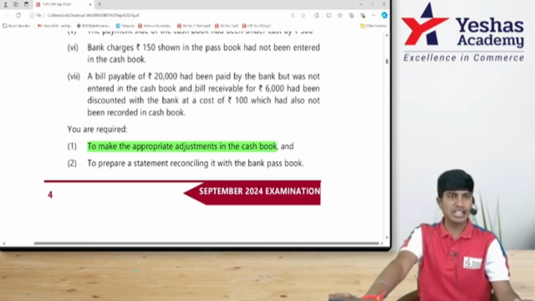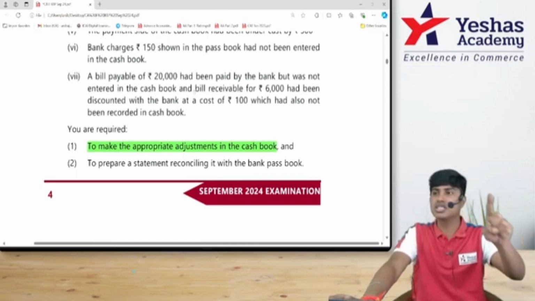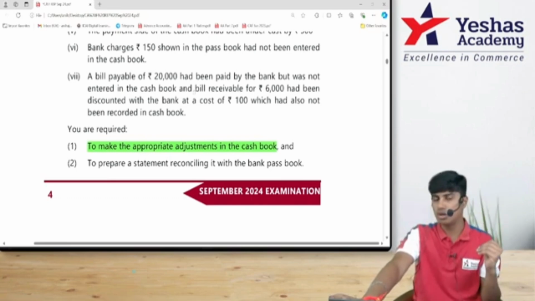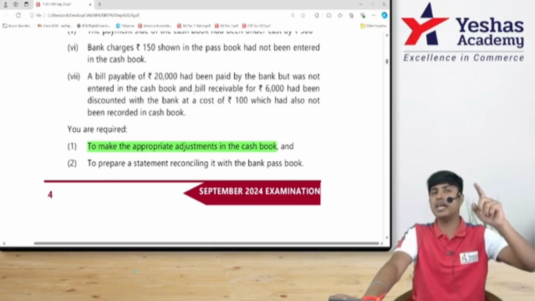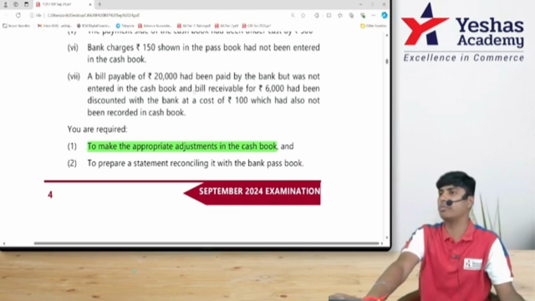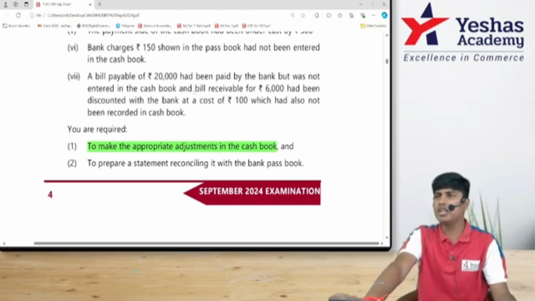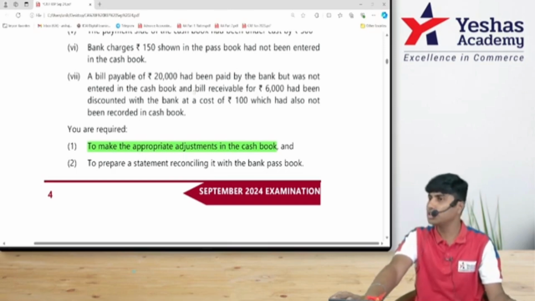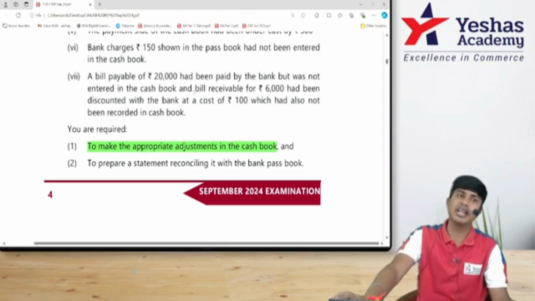Out of these 7 adjustments, if there is any adjustment which is timing in nature, it will appear in BRS after the amended cash book. If any of these 7 adjustments are non-timing differences, we will write them in the adjusted cash book or amended cash book. What do you mean by non-timing difference? Non-timing difference means error or omission in cash book, which needs to be rectified.